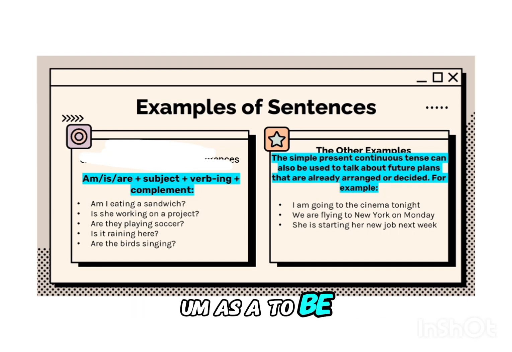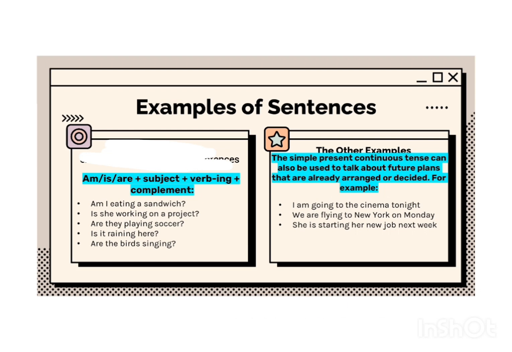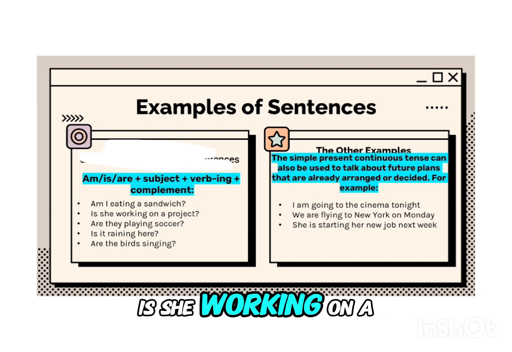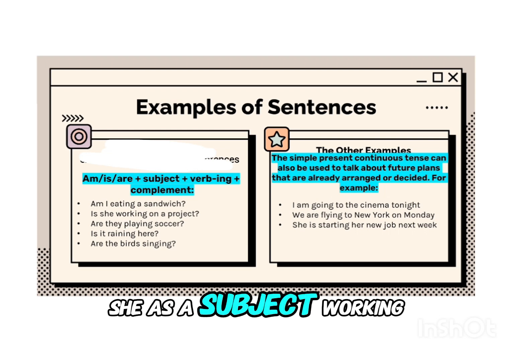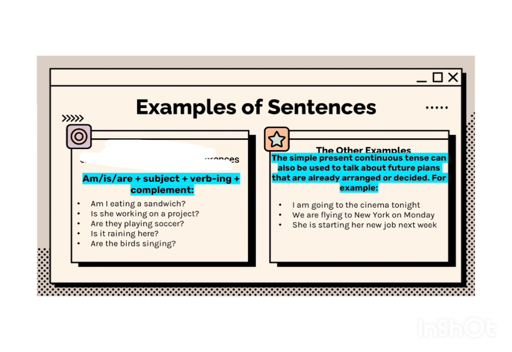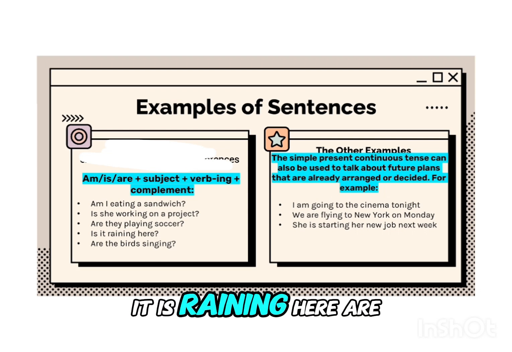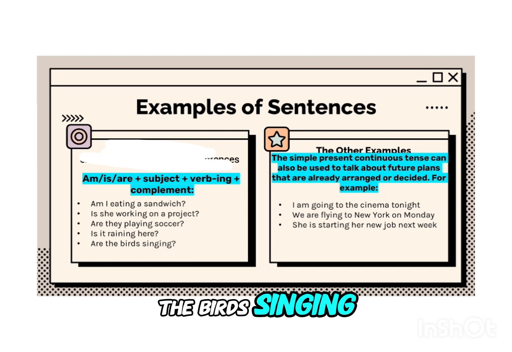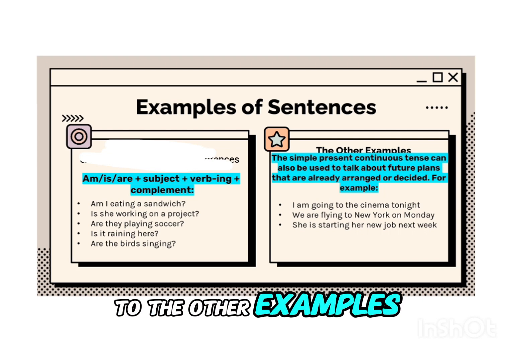Am as a to be, I as a subject, eating as a verb-ing, a sandwich as an object or complement. Is she working on the project? Is as a to be, she as a subject, working as a verb-ing, and on the project as a complement, and so on. Are they playing soccer? Is it raining here? Are the birds singing? Okay, let's take a look at the other examples.